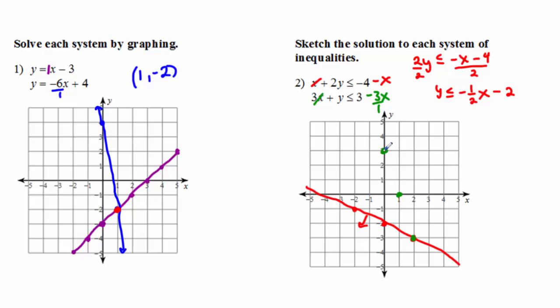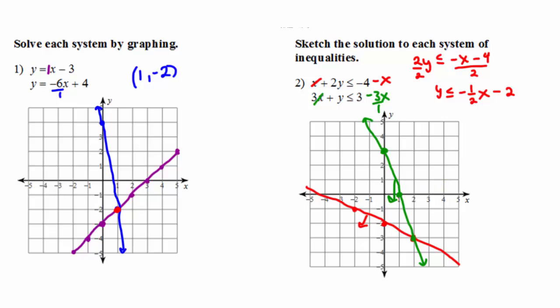And so the lines do cross, although we don't really care as much about where they cross because we're wanting to shade this. Since it's less than on this one, we're going to shade below this line as well, which is this direction.